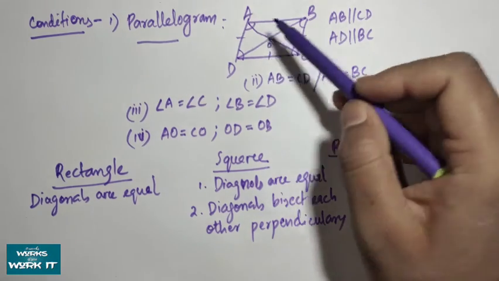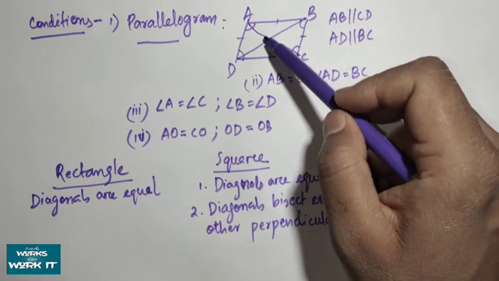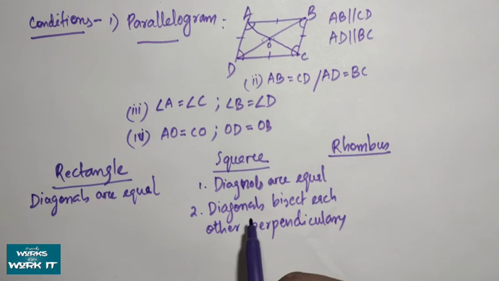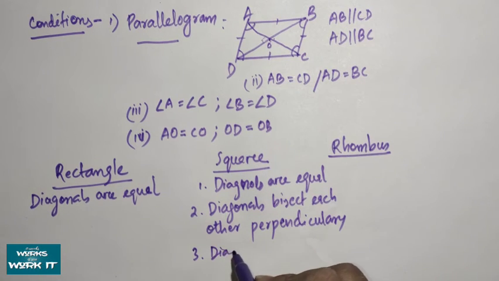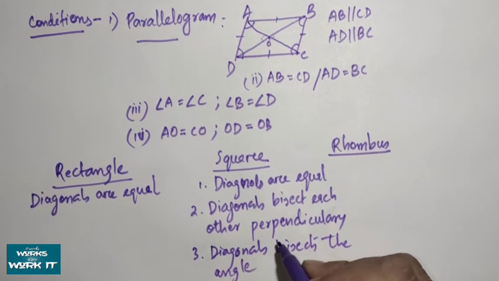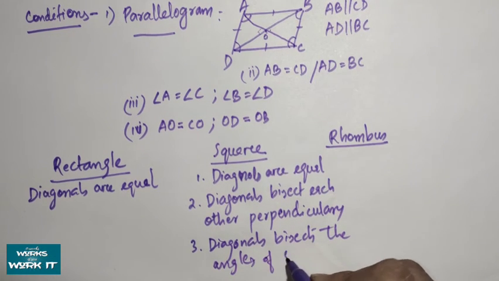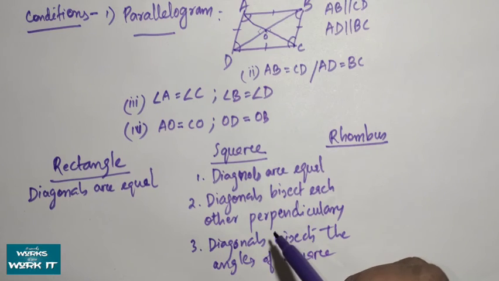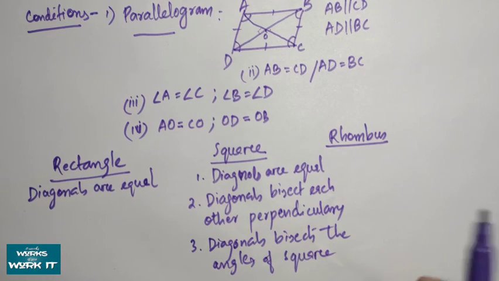This is the diagram of a parallelogram, and I have shown here the region where they will make the 90-degree angles. Then number 3 is that diagonals bisect the angles of the square. So all 4 corner angles of the square will be bisected by the diagonals.